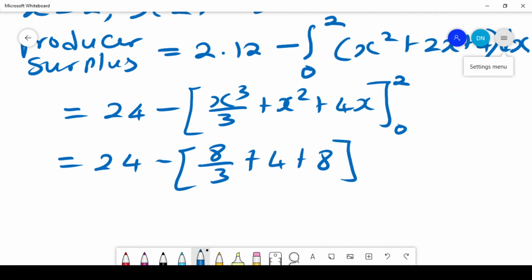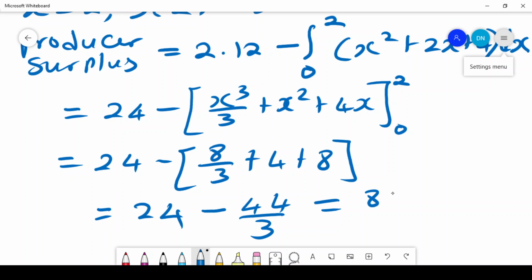And that will give us a solution that is equal to 24 minus 44 over 3, which is 72 minus 44, which is 28 over 3.